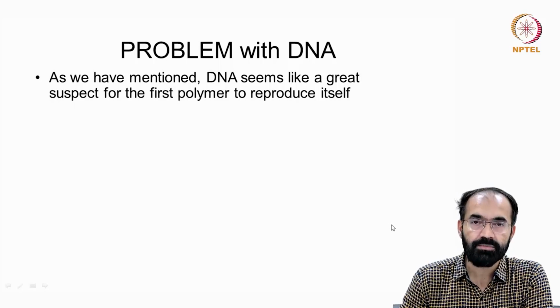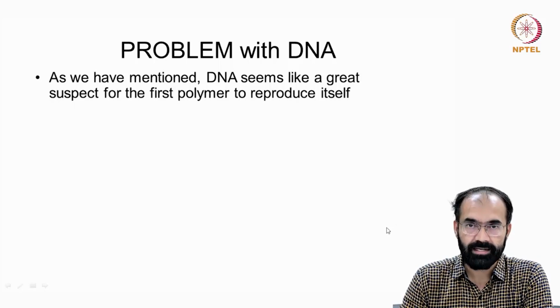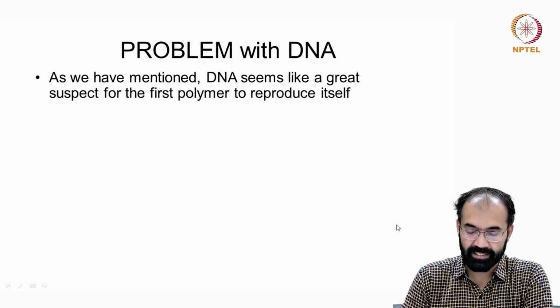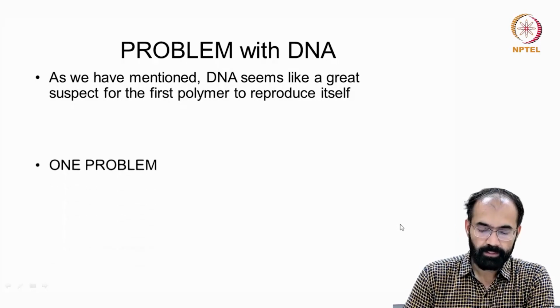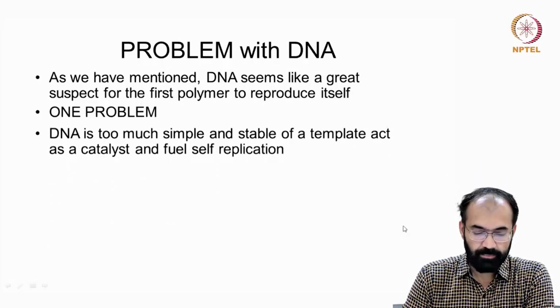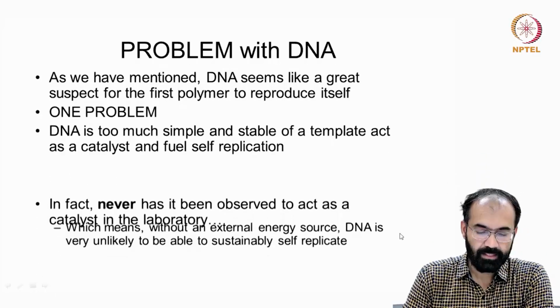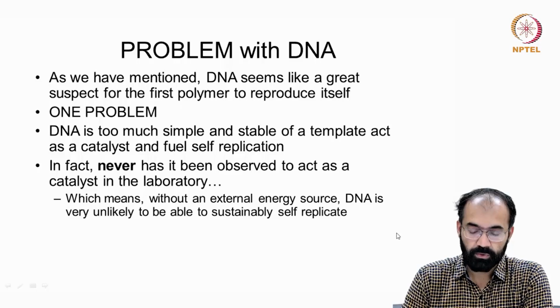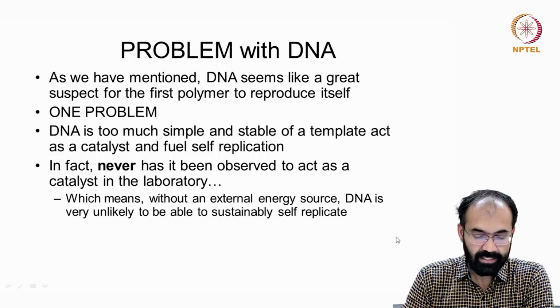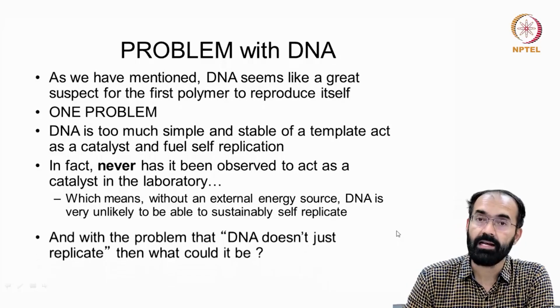However, the extreme stability of DNA renders it reasonably inactive when catalysis is concerned. That is what we discussed in the previous class. And no experimental evidence has been demonstrated to show that DNA can act as a catalyst, even in laboratory conditions.